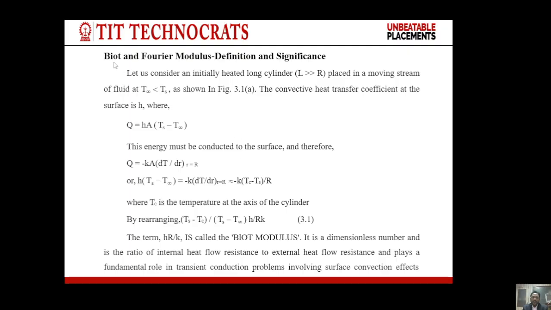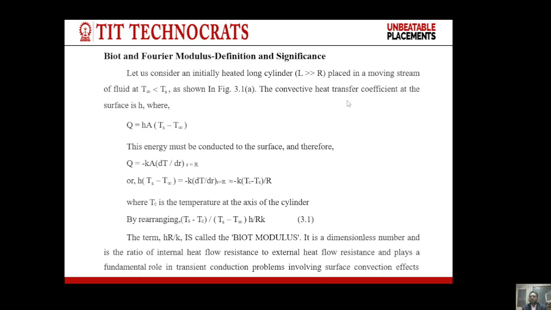This is the dimensionless parameter which we use to differentiate steady and unsteady heat transfer, that is the Biot number and Fourier number, definition and significance. Let us consider an initially heated long cylinder placed in a moving stream of temperature T infinity, with surface temperature Ts.